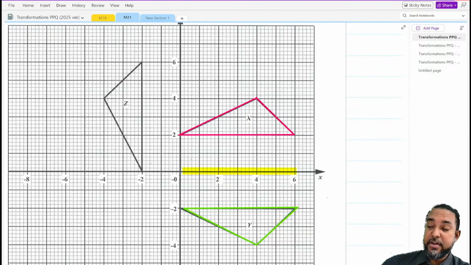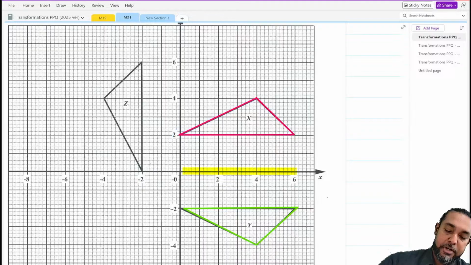And now, let me give you a hint. Usually with these questions, it's either going to be 90, 180, or 270, right? So, if we're going anti-clockwise, this point here would correspond to which point in the Z? To this point here.